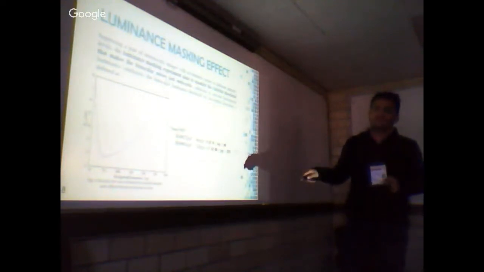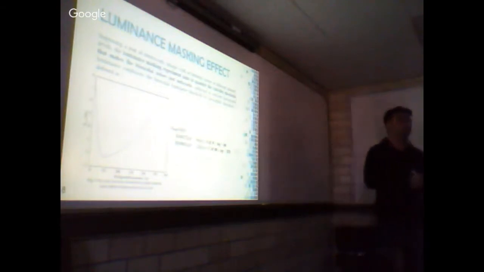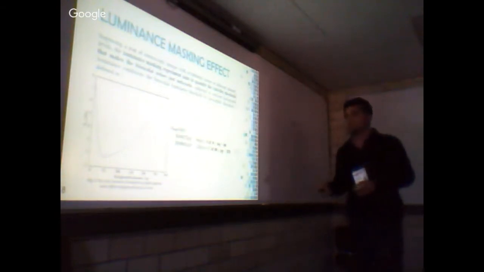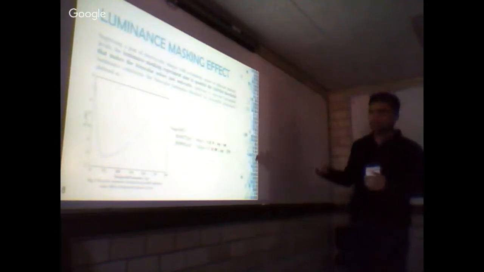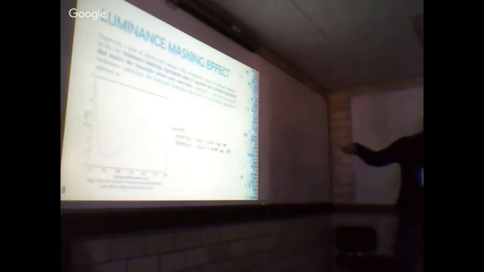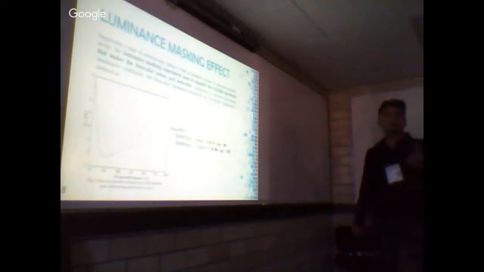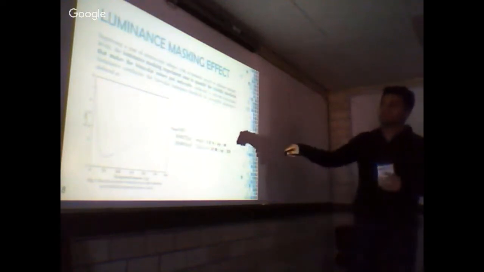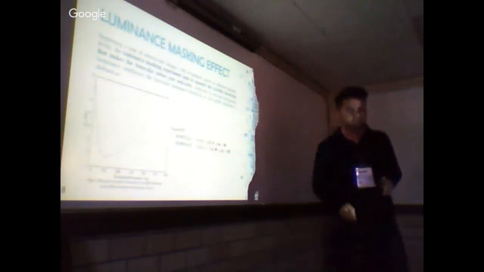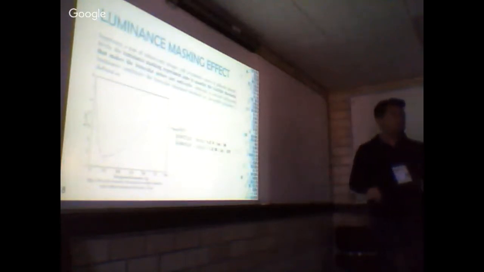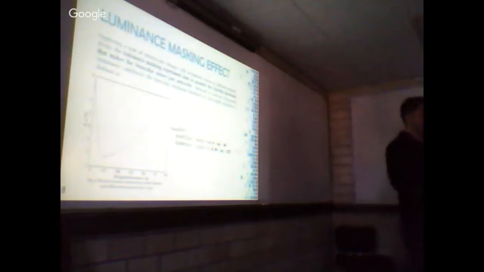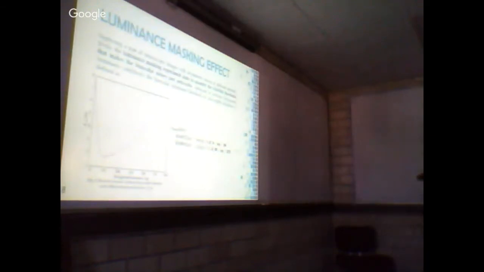In the graph we can see, on the horizontal axis, the background luminance from 0 to 255, and on the other one we have the luminance value. So in this zone, the value is higher in comparison with this zone. It means that in these areas, the human eye cannot perceive any changes in the image.